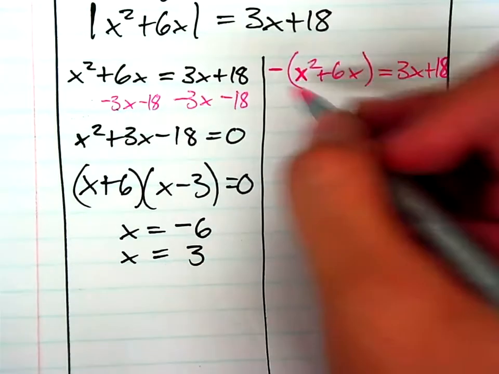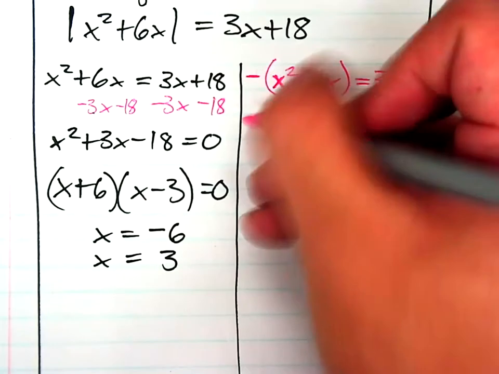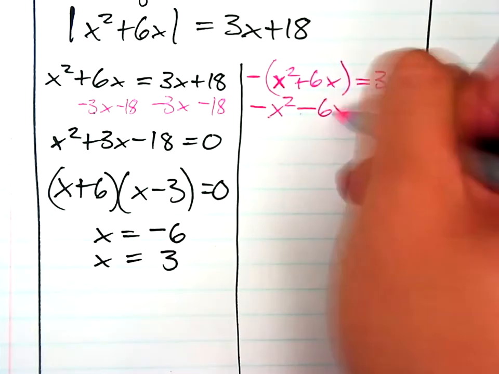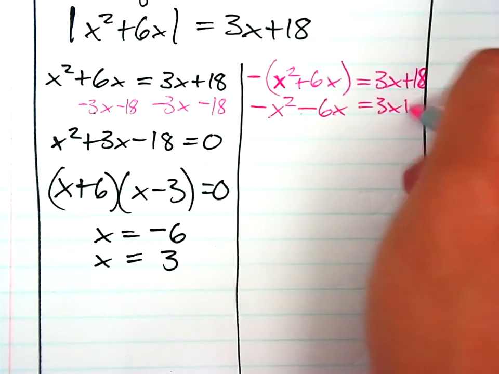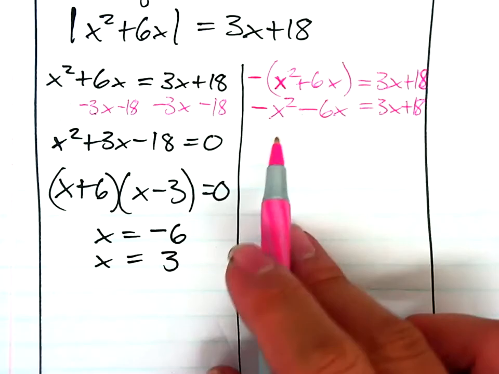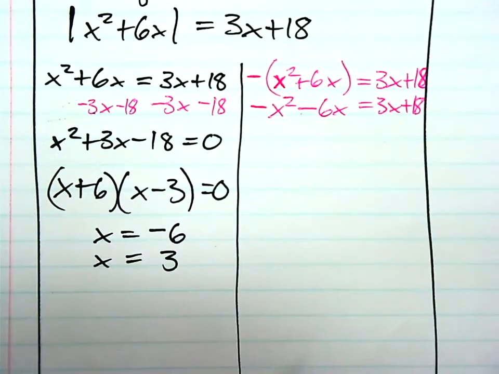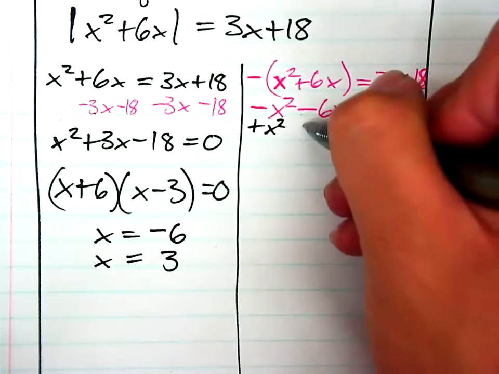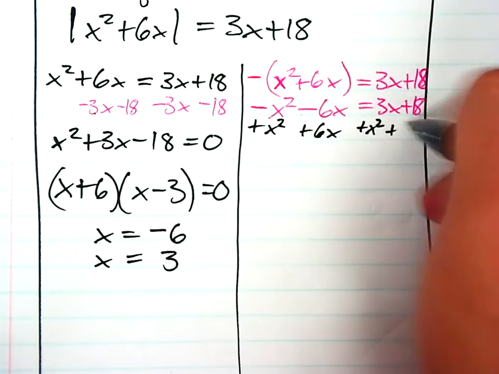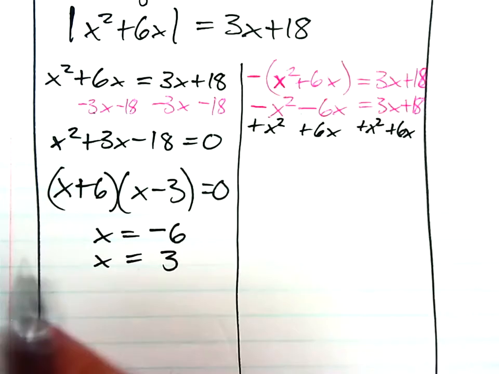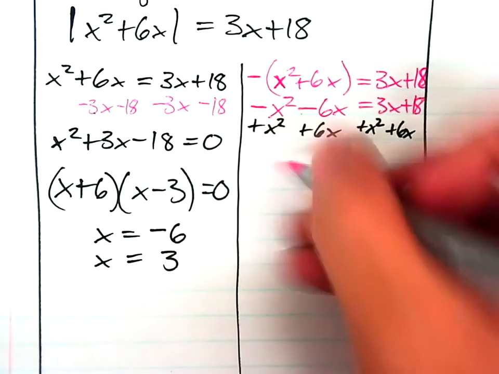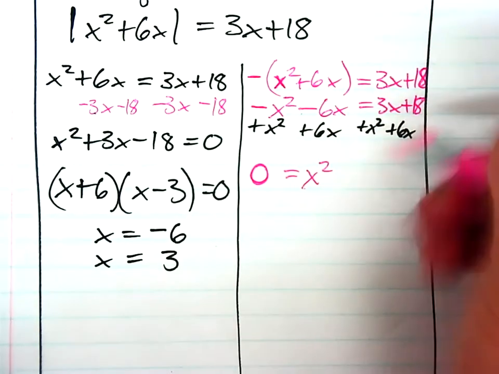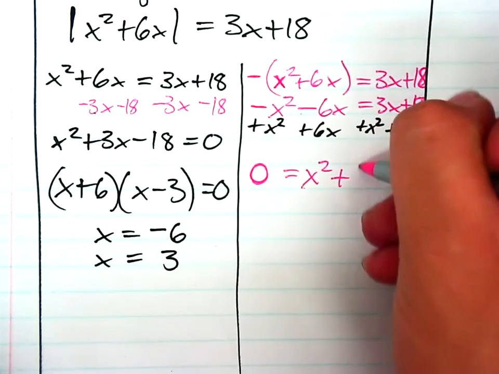Over here we're going to do the same thing, but we first have to distribute. Negative x squared minus 6x equals 3x plus 18. I personally do not like working with negative x squared, so I'm going to actually move that one over, as well as that 6x. So here I get, let's see, 0 equals x squared plus 9x plus 18.